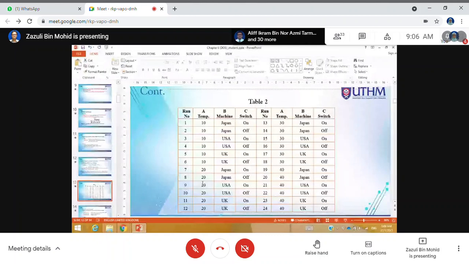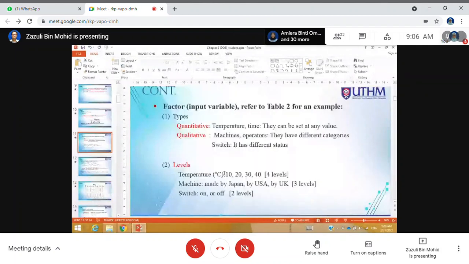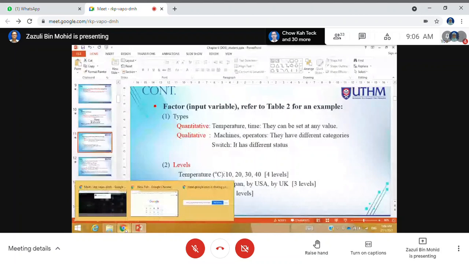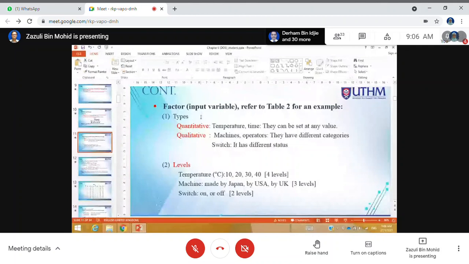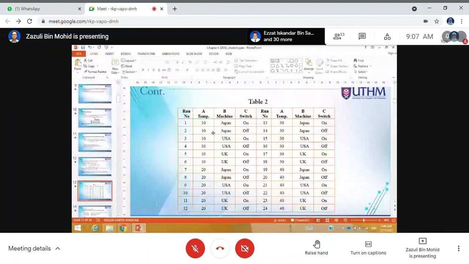So that's what it means by levels. And the machine, which is a qualitative factor, we have 3 levels: made by USA, by UK, and by Japan. So we have 3 levels.